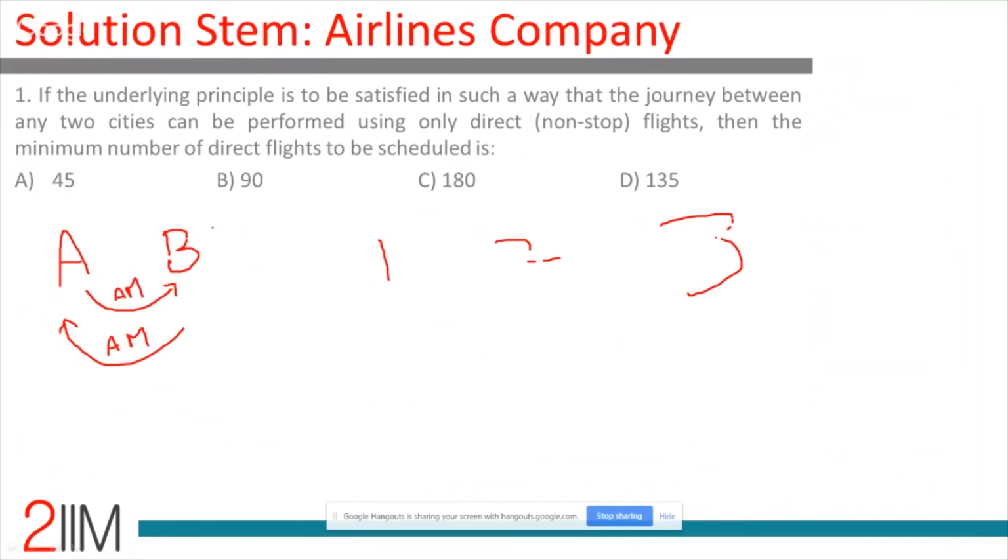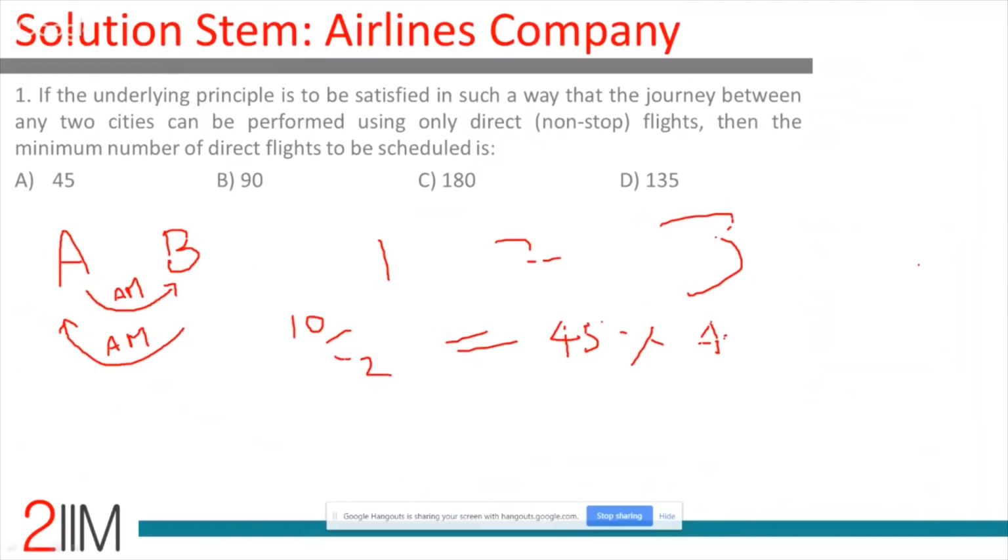And so how many ways can you pick two cities from 10? 10C2. 10 into 9 by 2, that is 45. 45 into 4, 180. Number of ways of selecting two cities out of 10 is 10C2. Once you've selected, you've got two cities. Now you're going to find a mechanism to connect these two cities both ways, off in the morning, back in the evening.